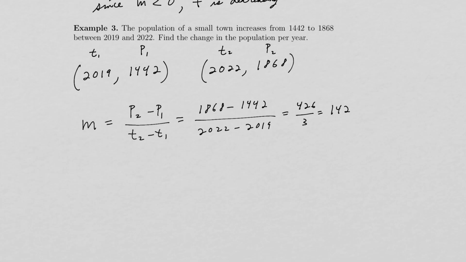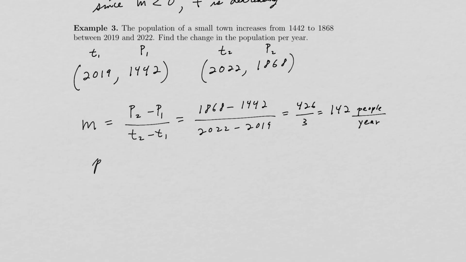And then what are the units? Well, the change in P is a change in the number of people, so this is people per, and then the change in time is a change in the year. So this slope, this average rate of change, has units of people per year. Since it's positive, the population is increasing.